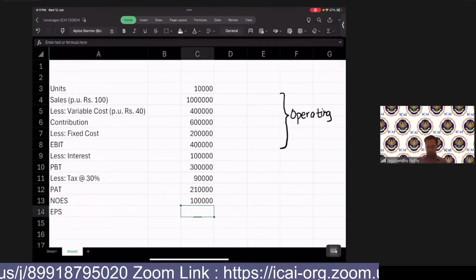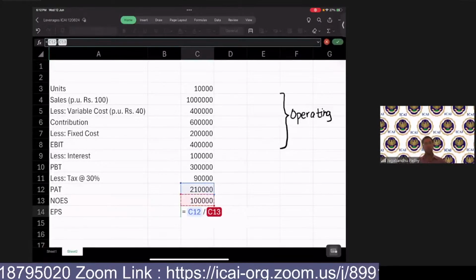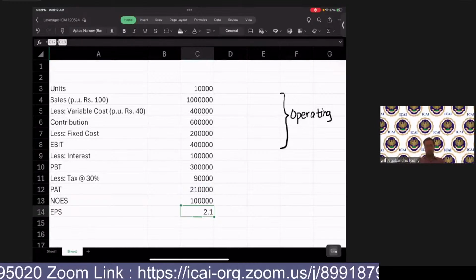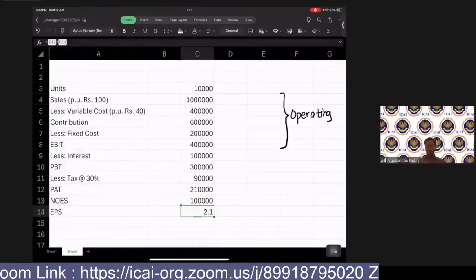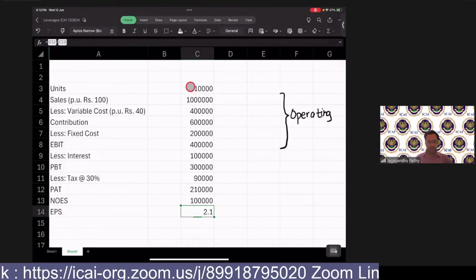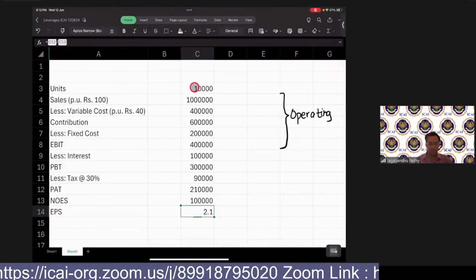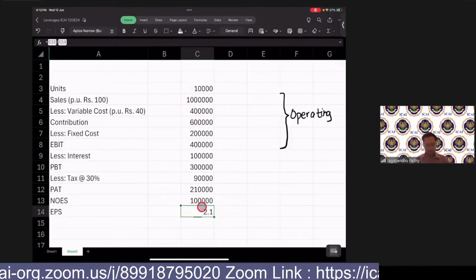I can get the EPS figure as 2 lakh 10,000 divided by 1 lakh, so we have the EPS of 2.1. So at 10,000 units of sales, we have an EPS figure of 2.1.